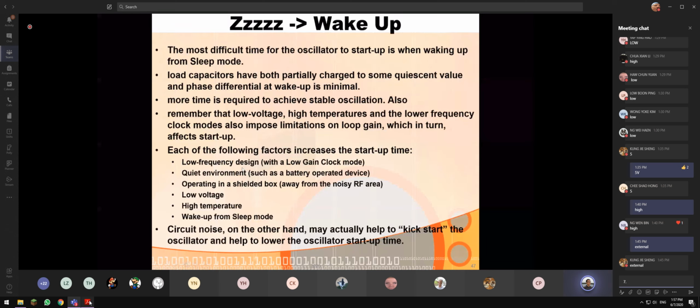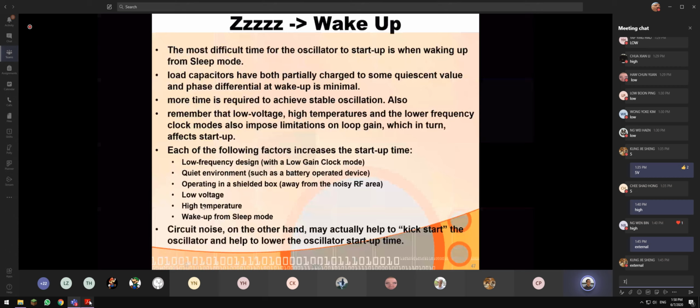Of course, if it is low frequency, it takes time to wake up from sleep mode. In a quiet environment, like for example now you are at home, very quiet, you take time to wake up. Like a battery operated device, away from a noisy environment, if shielded, it also takes time to wake up.